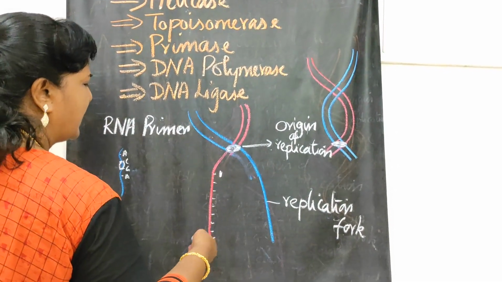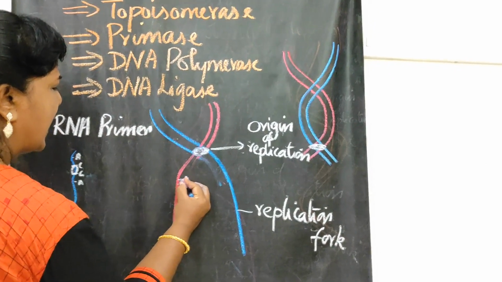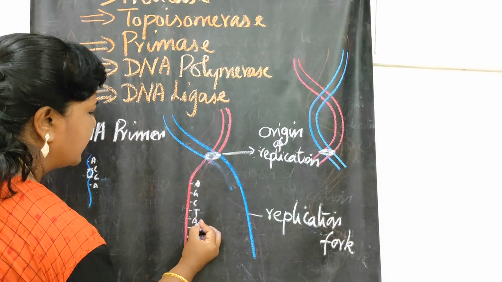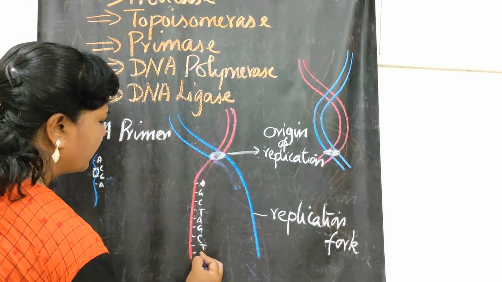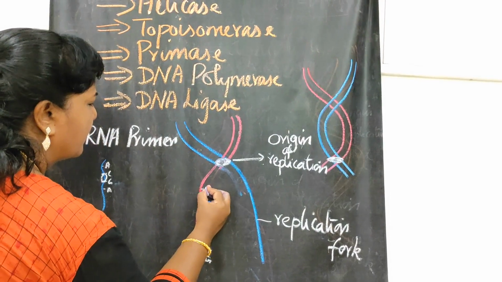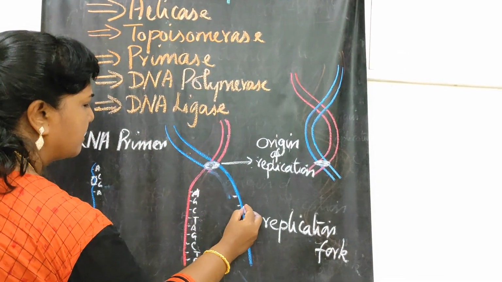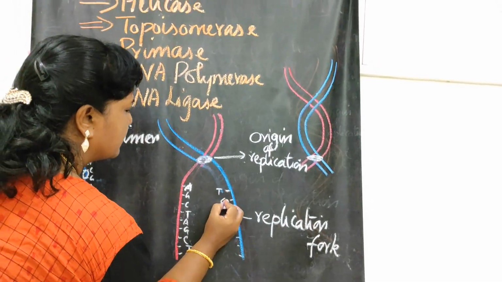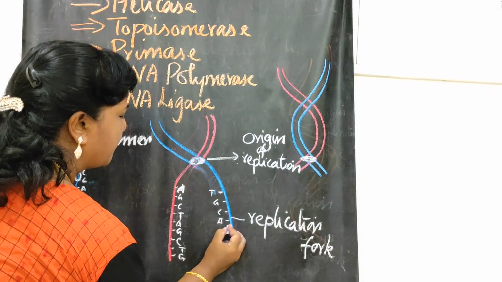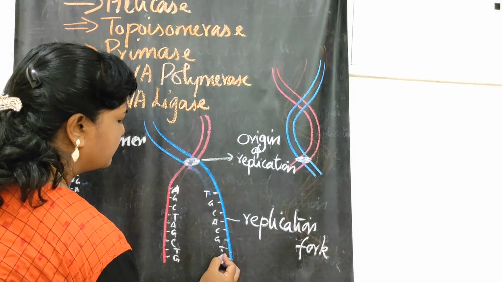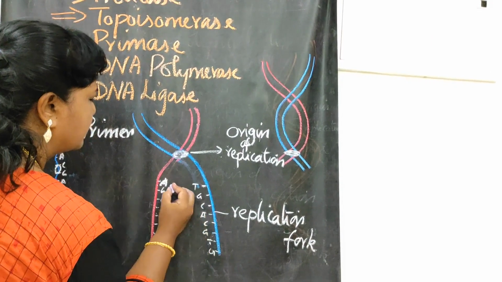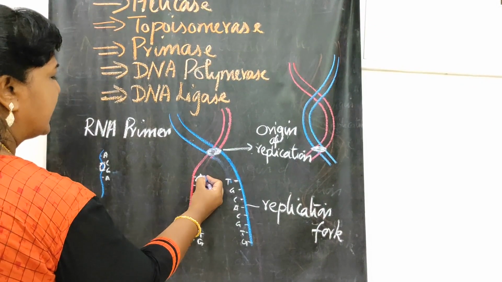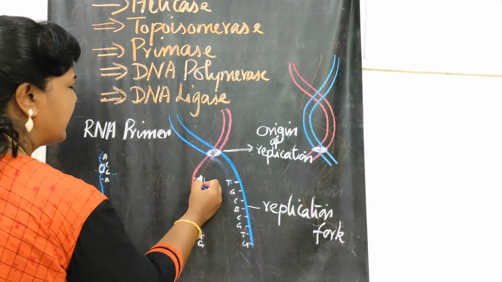So here the nitrogenous bases are adenine, guanine, cytosine, then thymine, adenine. Now this small segment of RNA primer will bind with the nitrogenous bases of the parent DNA.